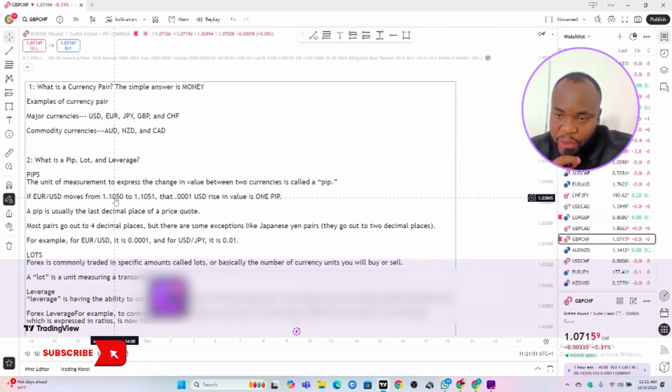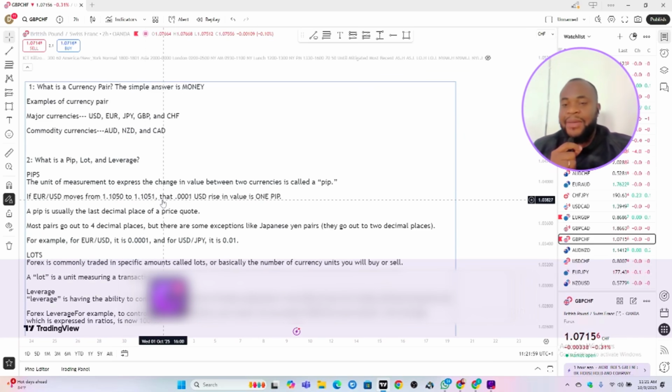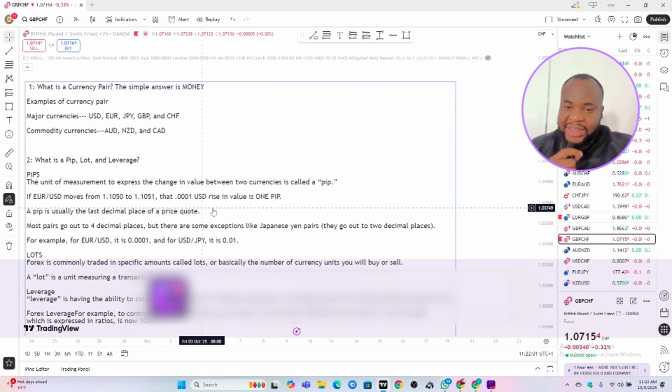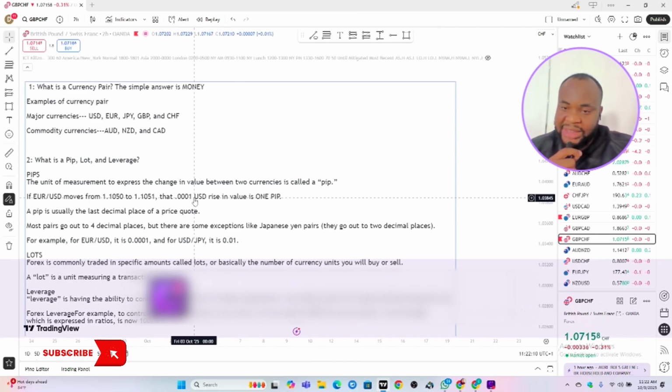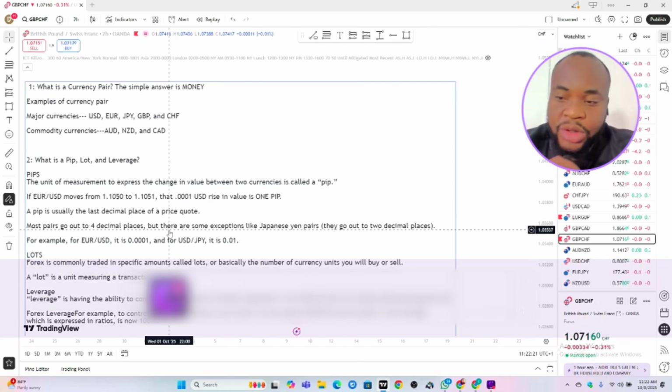Now if it moves, let's say, from 1.1050 to 1.1060, that's 10 pips. So I think you can understand what I'm saying now. Pips are usually the last decimal place of a price quote. So if it's 0.00221, that's 21 pips. That's just what pips are.